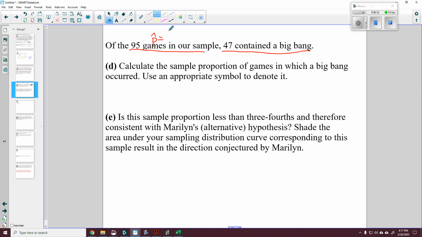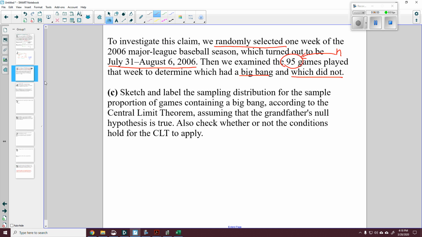And our p hat is equal to 47 divided by 95, which is equal to 0.495.